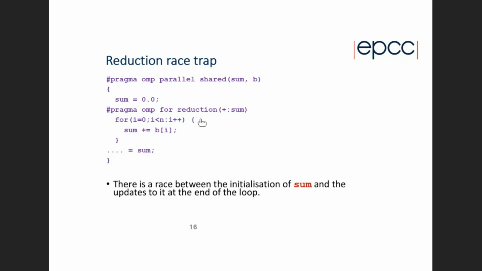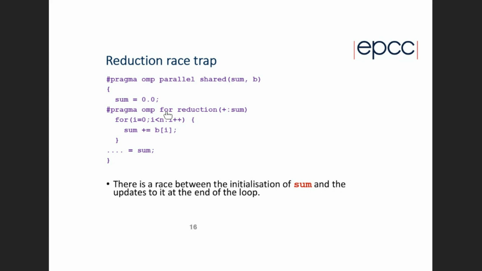But you have to be careful about the initialization of the reduction variable sum here. Remember that I'm inside a parallel region, and so every thread is going to do this assignment to 0. And worse than that, there is no synchronization at the start of the loop.